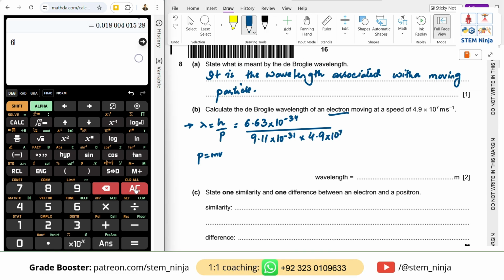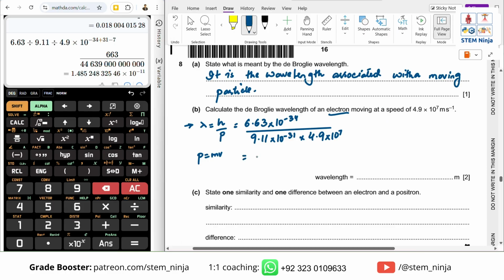So 6.63 divided by 9.11 divided by 4.9 times 10 raised to the power of -34 plus 31 minus 7. So we get 1.485 × 10^-11 meters, or 1.5 × 10^-11.